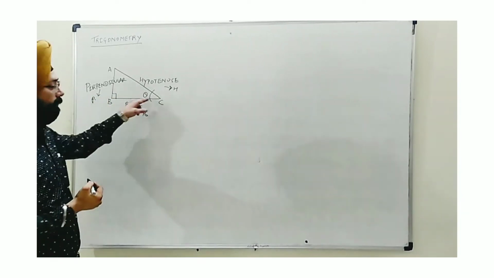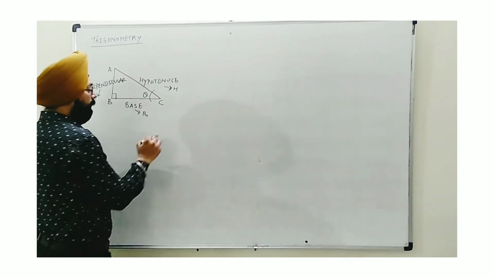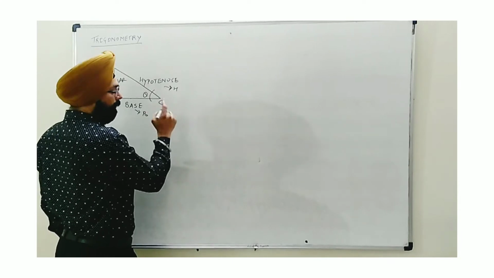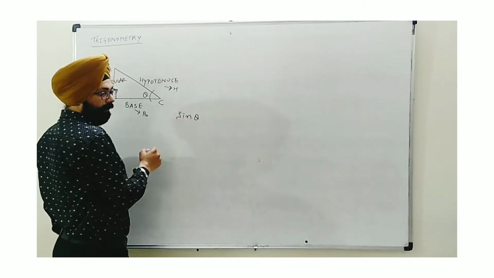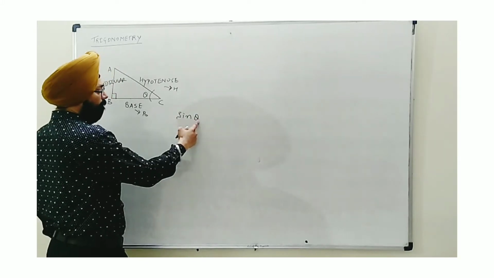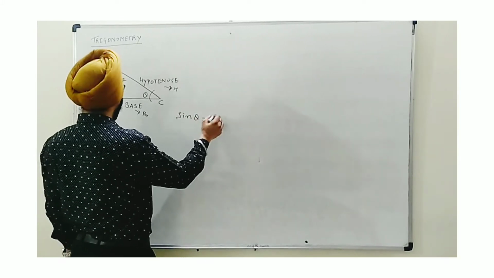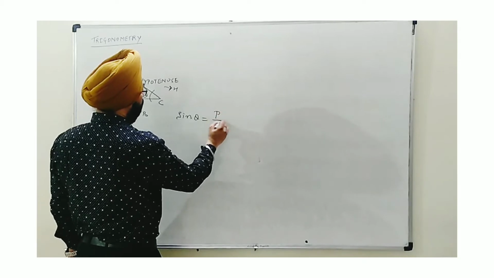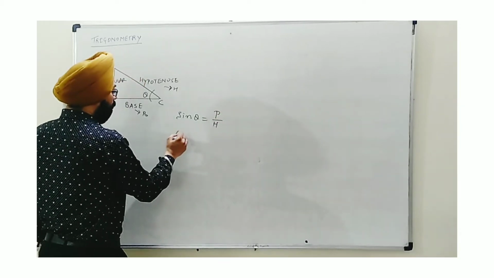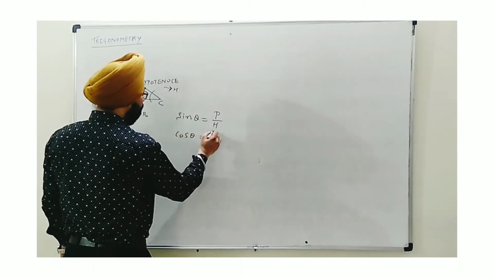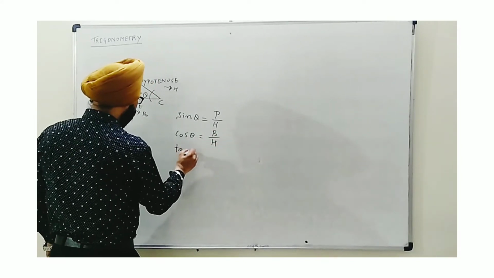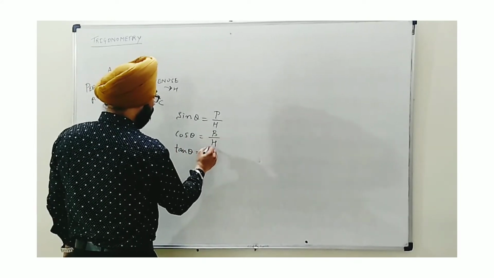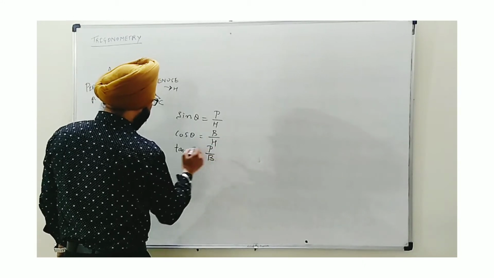Now with respect to this theta, there are mainly three functions, three ratios. First one is sine theta. This is sine of theta, equal to, by formula, perpendicular upon hypotenuse. Cos theta is base upon hypotenuse, and tan theta is perpendicular upon base.